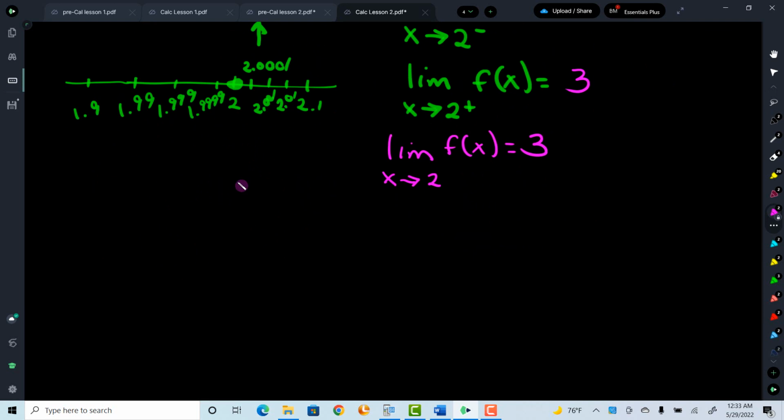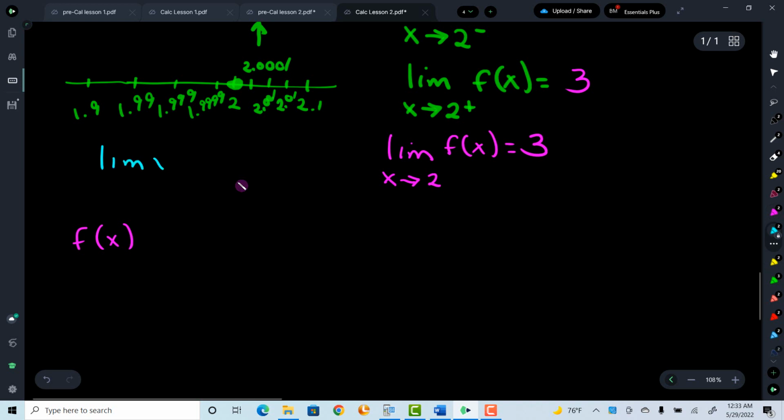Okay, let's look at another just from the table of values. I'm just going to say here's f of x, and I want to figure out the limit as x, oops, sorry about that. Let me rewrite this.